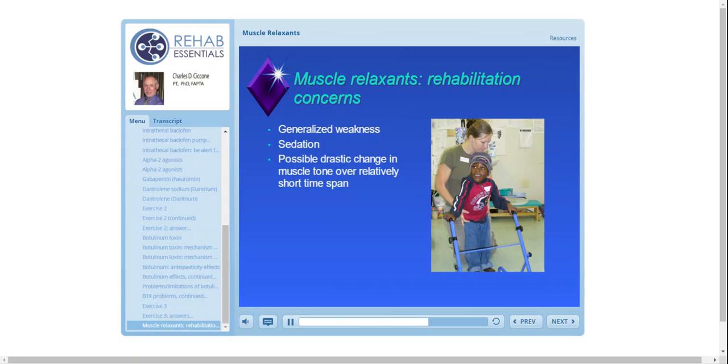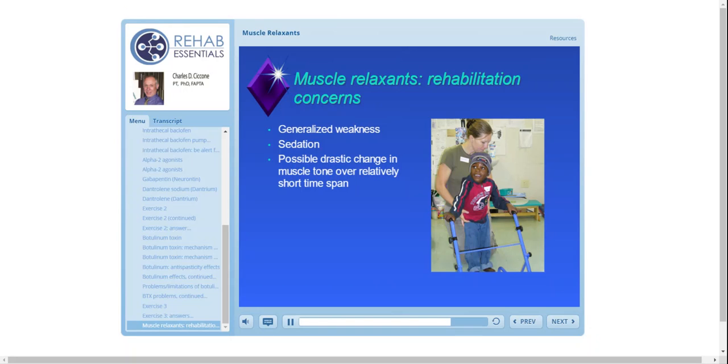Or a child that uses some of the tone in the trunk and in the neck to support their trunk and head. By taking away that spasticity, we can cause a pretty severe problem with the child's trunk and head positioning. So again, with this possible change in muscle tone, interventions that cause this should be combined with aggressive physical therapy.